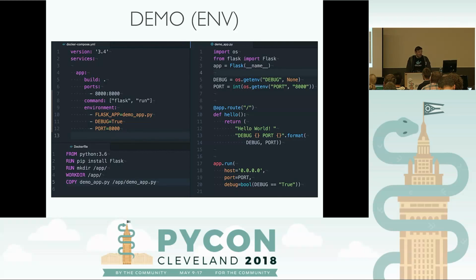Then if we take a look at the actual application that's running, the demo_app on the right side, the key part to notice is that we can read in environment variables from the Docker container with the os.getenv function. That's a standard Python function. You read in an environment variable, set it to a variable inside the app, and then use that to change the behavior of the application.